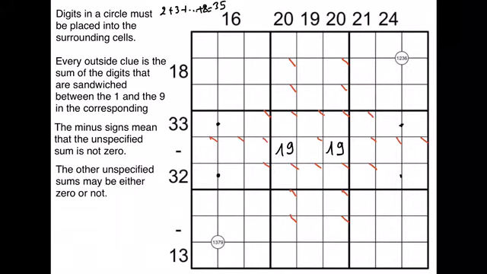And something else is that a 19 clue is not possible with 5 digits in a sum, because if you add up 2 plus 3 plus 4 plus 5 plus 6, which is the minimum for a sum of 5 digits, it makes 20. So this 19 means that it can't be a sum of 5 digits.